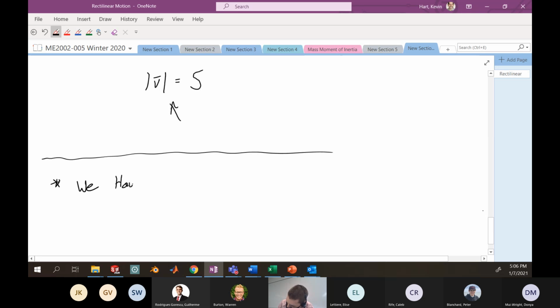Your velocity is the differentiation of the position vector as a function of time, differentiated over time. You may represent this as something like the magnitude of the velocity in the x direction along I hat.